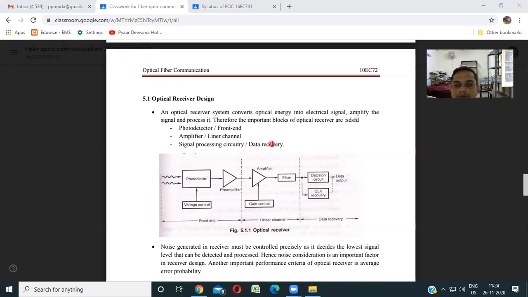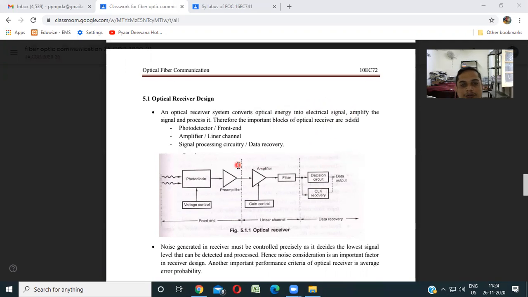Shot noise, thermal noise, also called Johnson noise, then the dark current, then the impedance matching problems. So optical energy is converted into electrical signal, and these noises affect the signal quality.